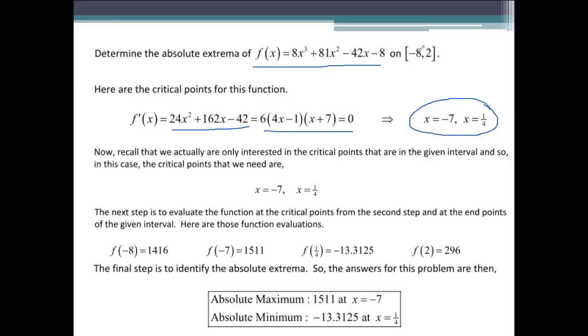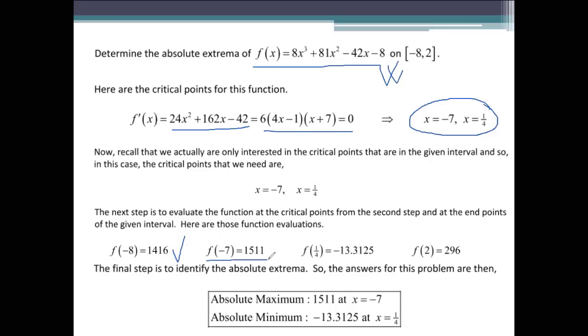Let's begin with -8. If we put -8 here, it is 1416. This is for -8. And for -7, this is a critical point of our function, it will be 1511.